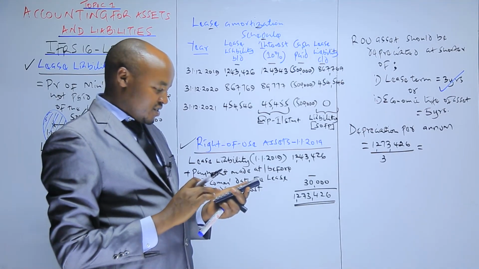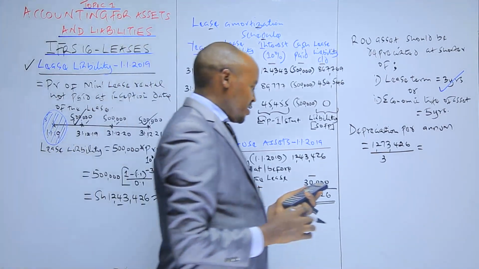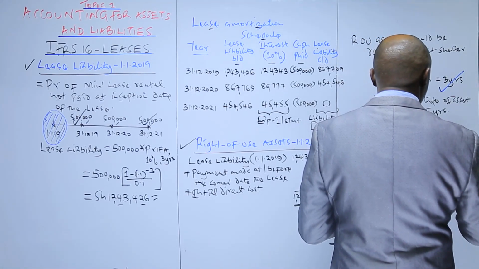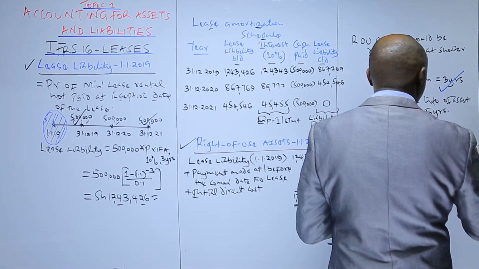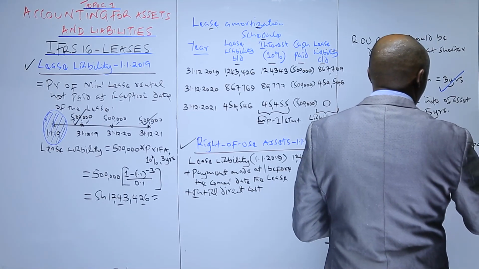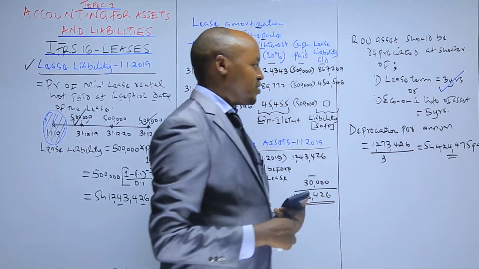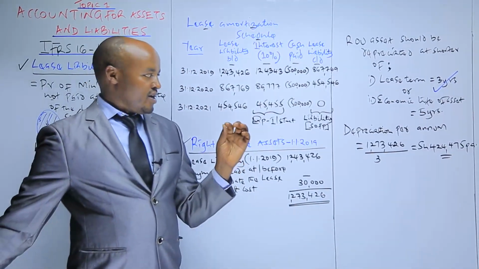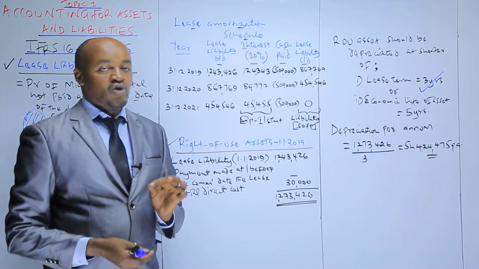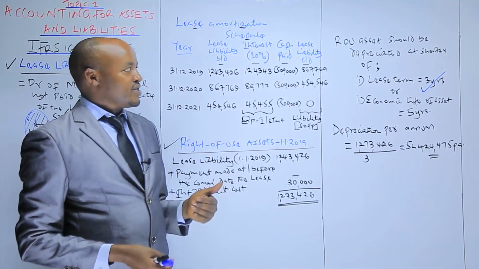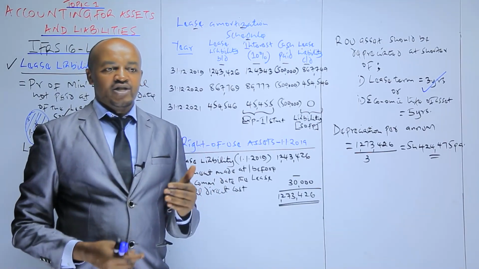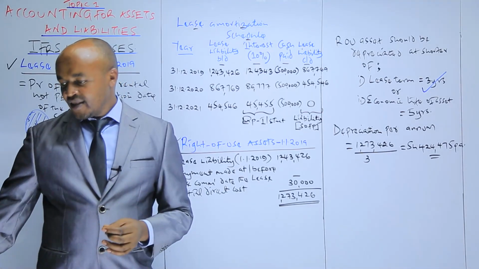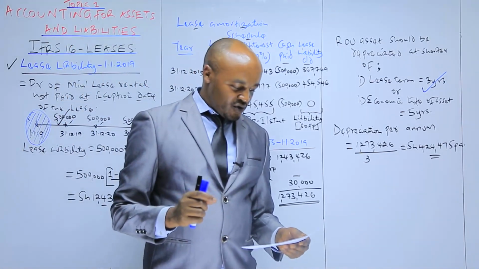So 1,273,426 divided by 3 gives an annual depreciation of 424,475. That is the amount to be recognized as an expense, or depreciation, in each of those 3 years. So that is what the examiner was requiring.